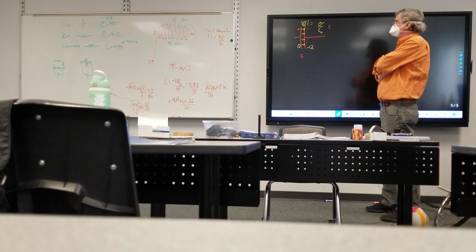I know charge is building up on the plate over a certain amount of time, so I'm just going to figure out the rate at which it does that. So I'm going to divide by time. If I isolate delta Q over delta T, then I have epsilon sub naught A times the change in the electric field over changing time.